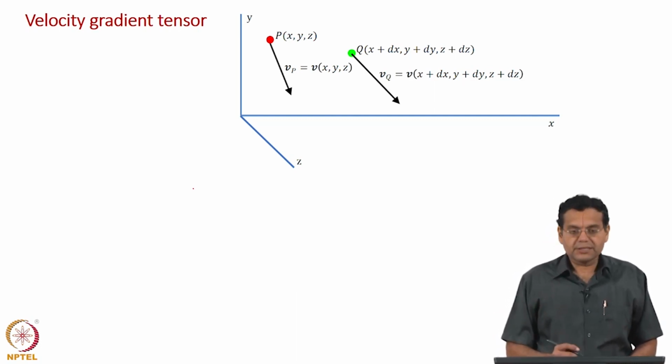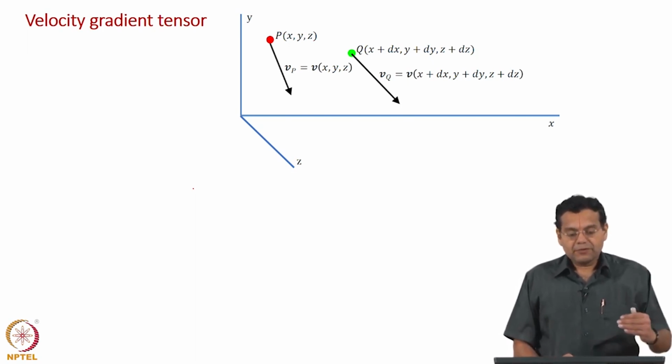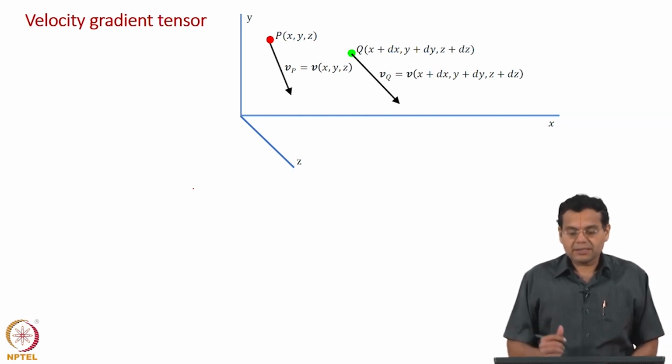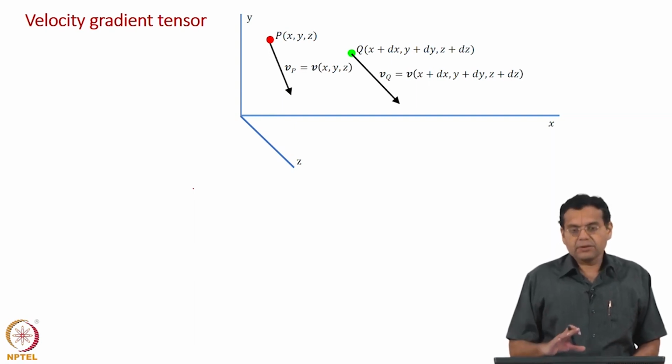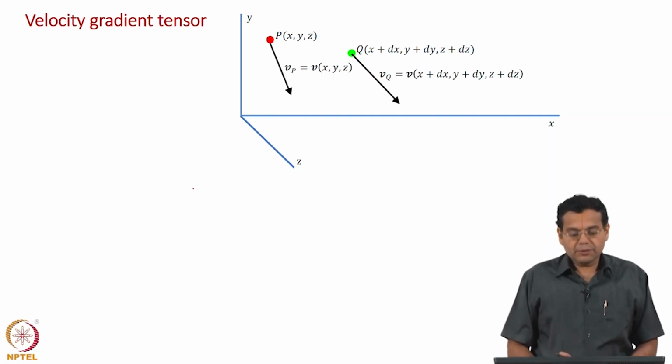For the case of fluids, we will just rederive the first method, the mathematical way alone. The second one we will just analogously express. So, now what are we going to do? We are going to derive the expression for velocity gradient tensor using the first method, which is the mathematical way.